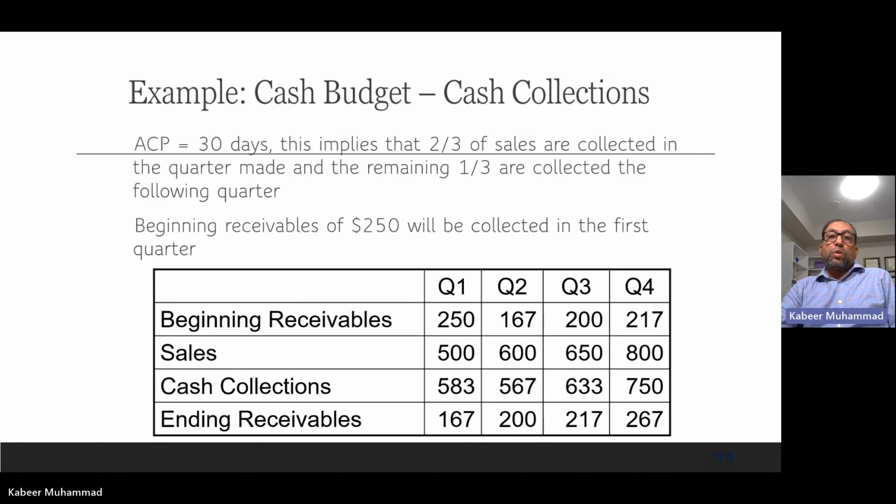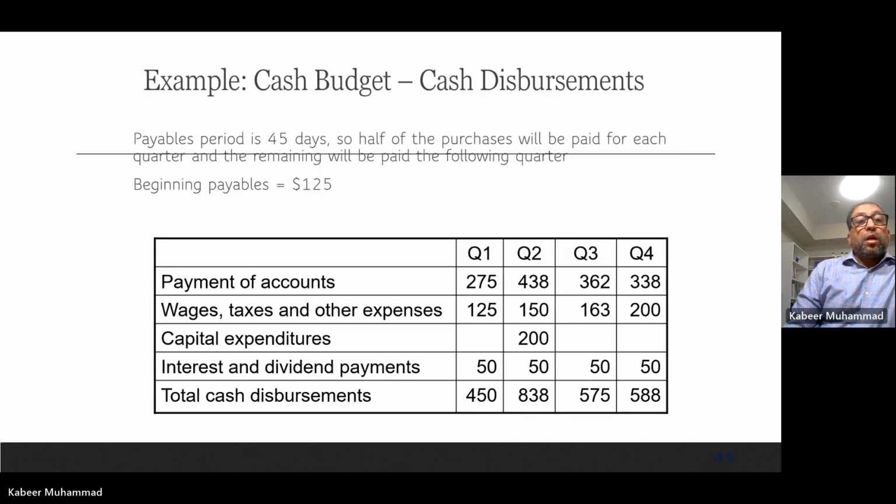So this is what we calculated based on our information. So basically what we calculated here is how much cash we are getting each quarter. So this is a cash inflow through sales and collection from our accounts receivables.